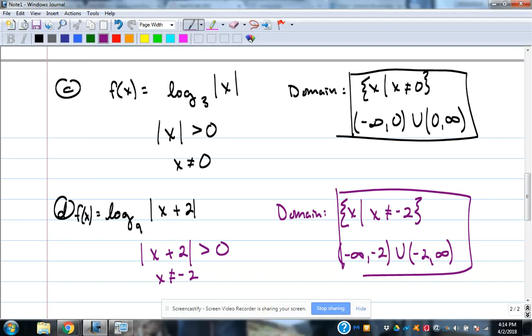I'm talking about if we had a different number in there, it can't be the negative version of that number. Whatever is in here has to be a positive number. You can't take the log of a negative number. That's undefined. You cannot take the log of it. So whatever's inside of that logarithm has to be positive.